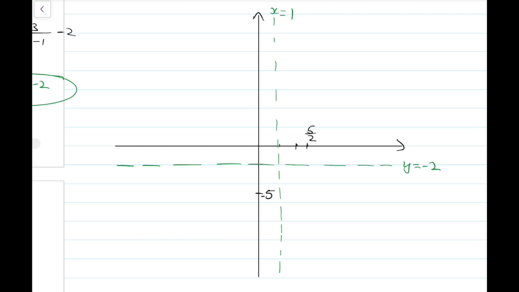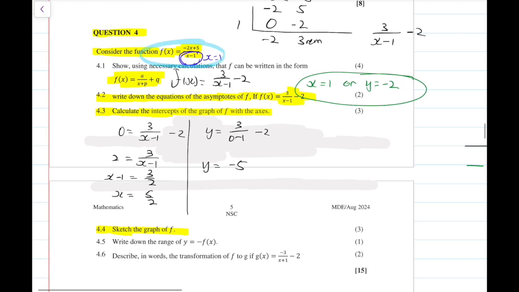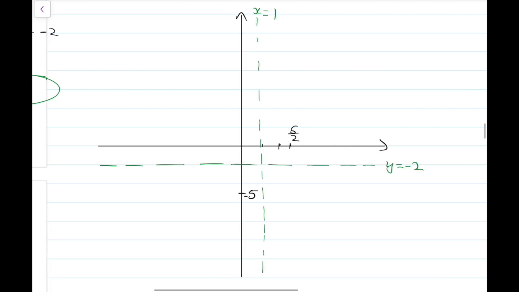This graph over here has your a value there as a positive. So it should be in specific quadrants. If you were going to try and draw it into these quadrants, you'll see that it doesn't go through the intercepts. It needs to be in the first and the third quadrant. There we go.